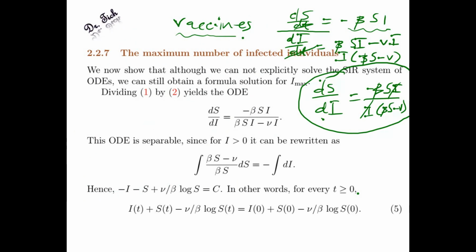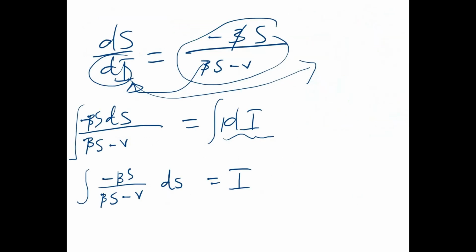Oh yeah, because I think this was supposed to come on top when you divide, because we have dS/dt divided by dI/dt. Then you end up having dt/dI when you multiply, and it means that this becomes the numerator and this becomes the denominator, which makes our life much easier here.